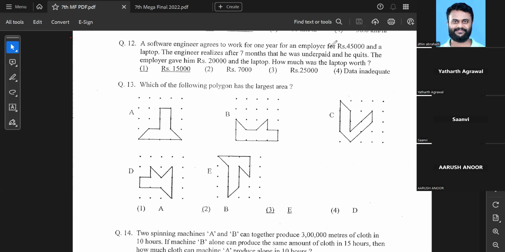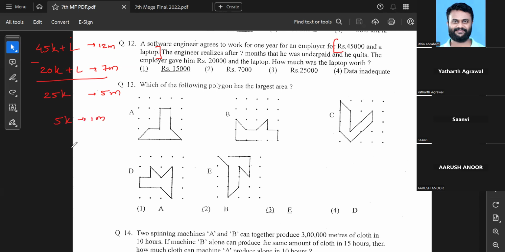Basically, in this case, the salary for 1 year includes 45,000 and the laptop. So it is inclusive. The total salary is 45,000 plus laptop for 12 months. And for 7 months, he has been paid 20K plus laptop. So when you subtract them, you get 45 minus 20, that is 25K. The laptop gets cancelled, for 5 months, which means 1 month salary is 5K.